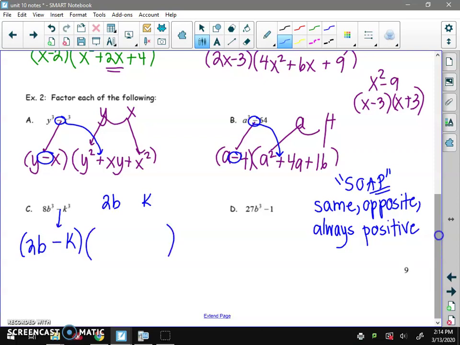Now, in parentheses, the first one gets squared. 2b squared, when you square 2b, you get 4b squared. When you square k, you get k squared, and that's always positive. And then in the middle, you multiply. 2b times k is 2bk. Because this was negative, this one has to be the opposite. That's a positive.